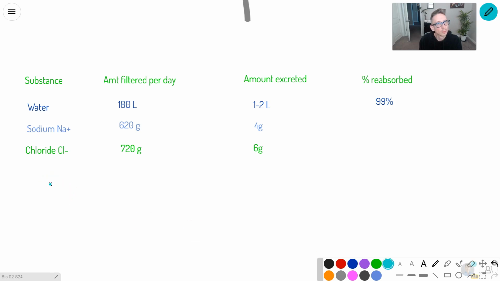Potassium, K plus, is about 30 grams, and about 2 grams are excreted.